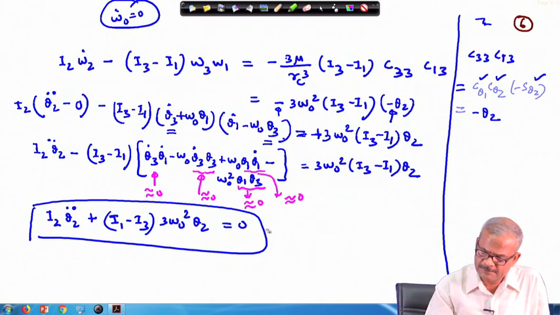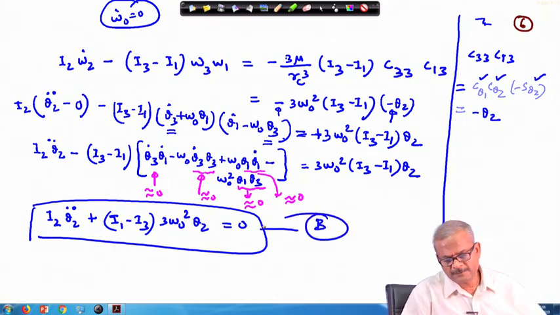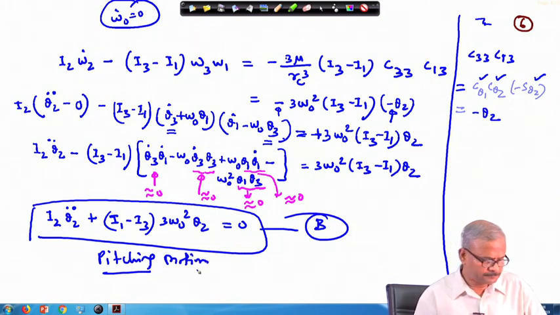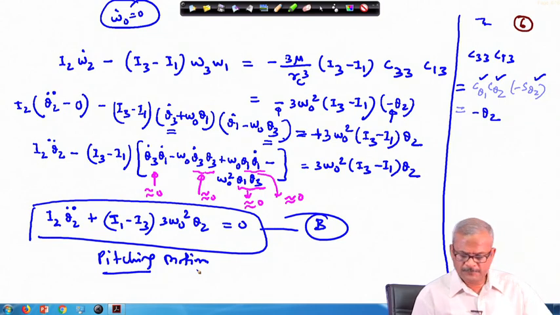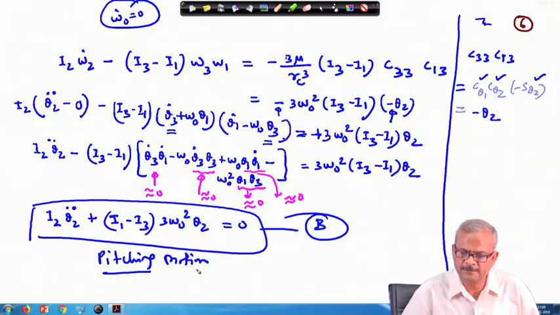So, this is your equation number B, which is the equation of the pitching motion. We will discuss all these things. Okay, so we stop here, and the third equation we will discuss in the next lecture.